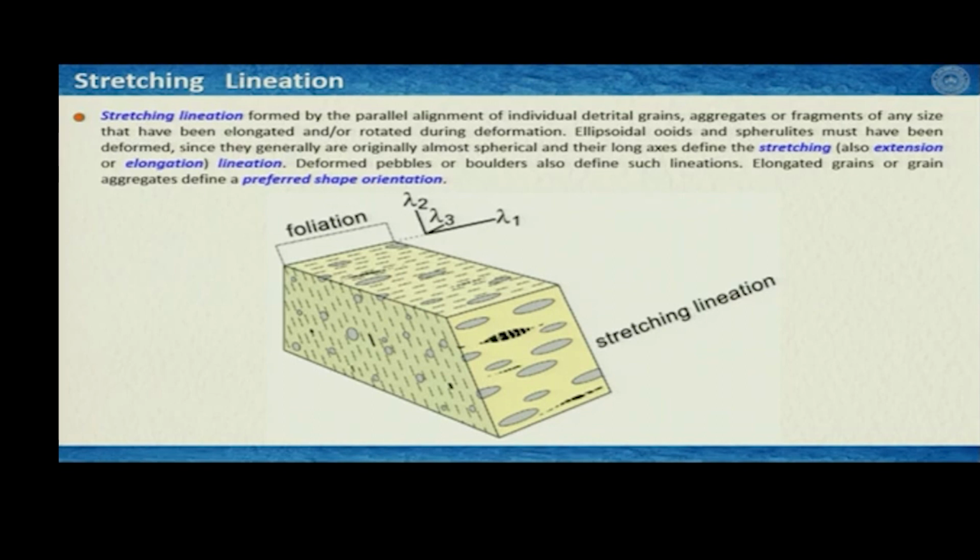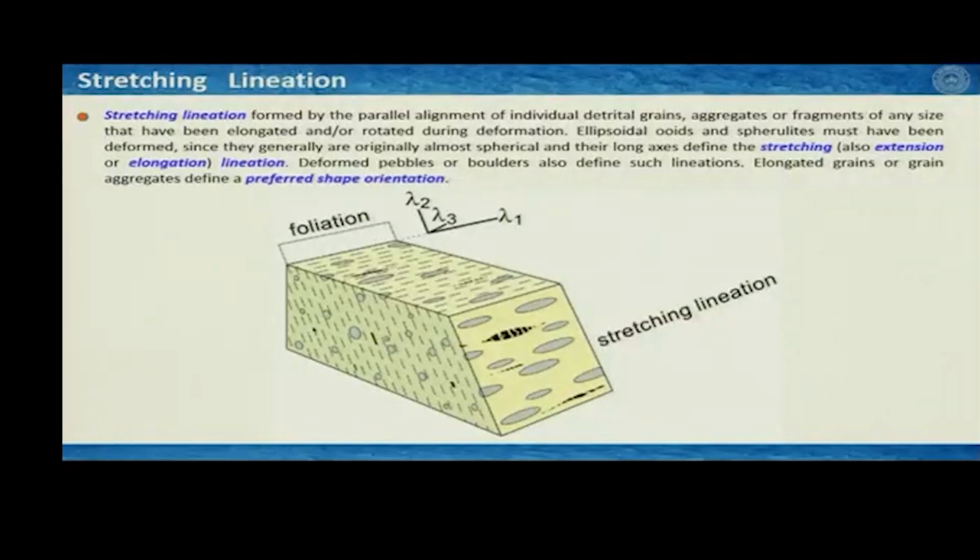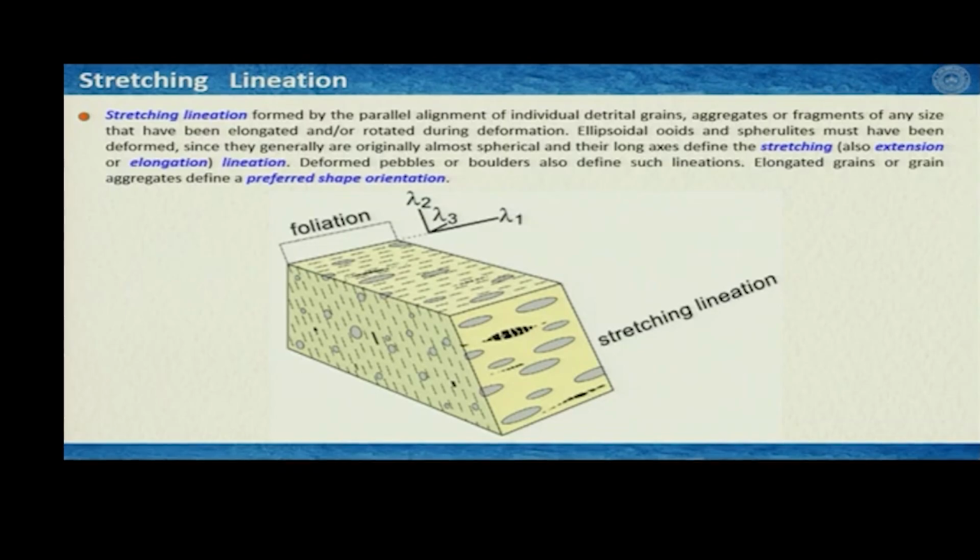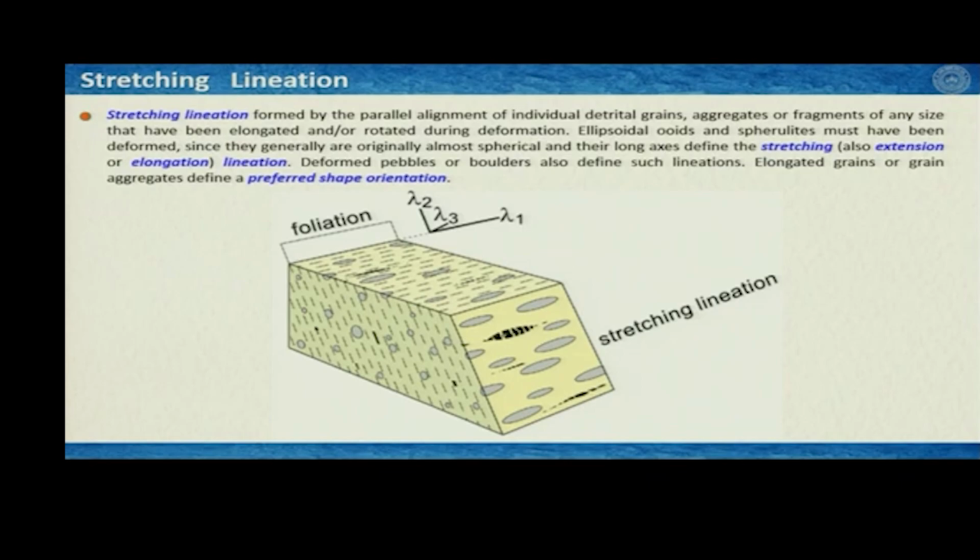The stretching lineation is another type of very special lineation, and they are formed by the parallel alignment of individual detrital grains, aggregates or fragments of any size that have been elongated and or rotated during deformation. So, that means that we have some random shaped grains in the pre-existing rock, and during deformation these grains or clasts got stretched or deformed along a particular direction.